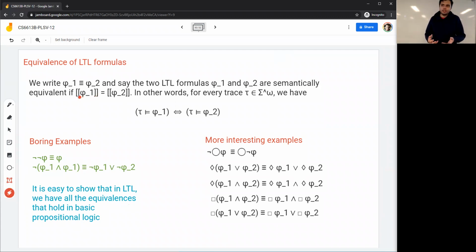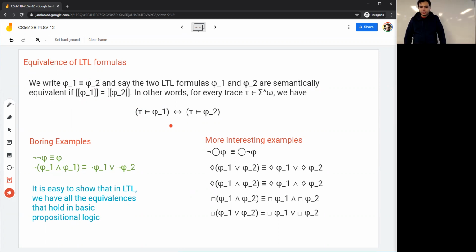The way I defined it, it's just a set of infinite words, and a set of infinite words is a language. So just like automata, we can say that two formulas, phi1 and phi2, are equivalent if they have the same language, or people usually say they are semantically equivalent. Basically, if the semantics of phi1 is the same as the semantics of phi2. Or in other words, for every trace tau, tau satisfies formula phi1 if and only if tau satisfies formula phi2.